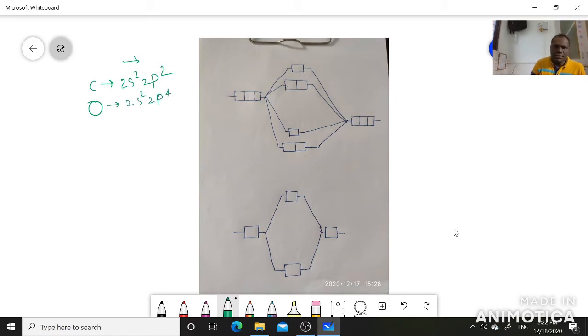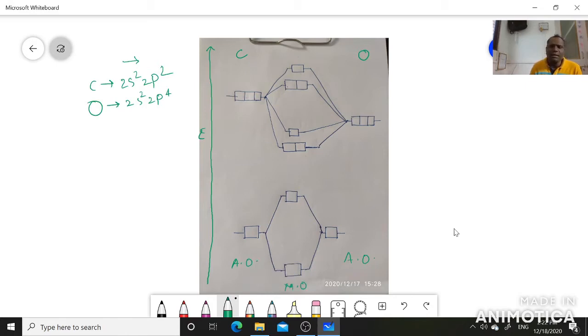Since this is the MO energy level diagram, there is energy on this side. These are the atomic orbitals of the carbon, these are the atomic orbitals of the oxygen. Remember that the level of the atomic orbitals of the oxygen is a little bit lower, since it is more electronegative, and therefore the molecule is more stable. And these are the molecular orbitals.